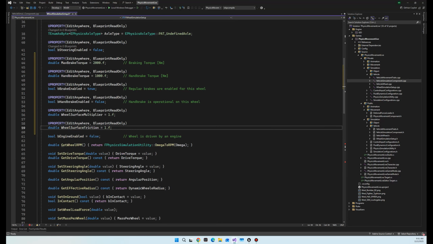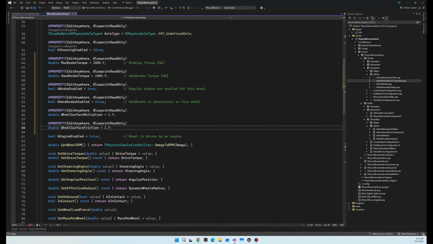So again, this is the wheel surface in contact with the materials that we're going to be driving across, right? I'm splitting this up into two, because when we do the ground trace, we've set it up to get the surface friction of the material that we're driving over.